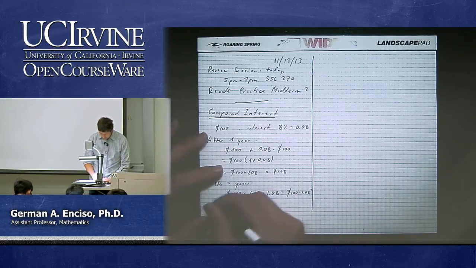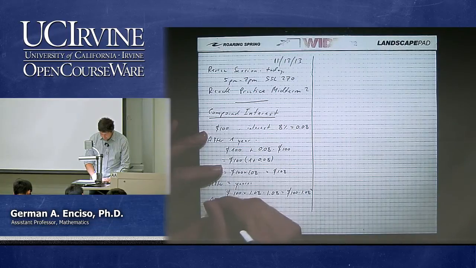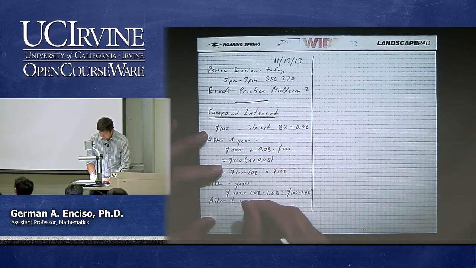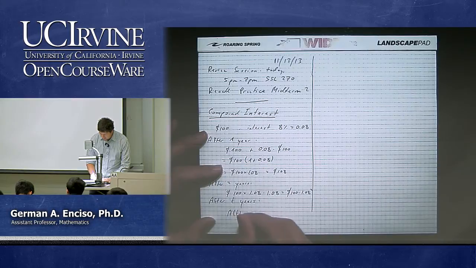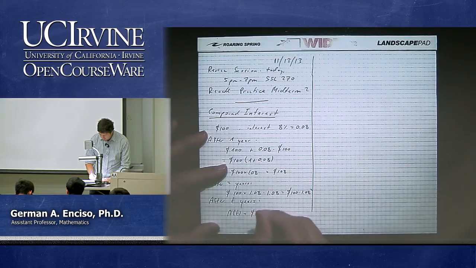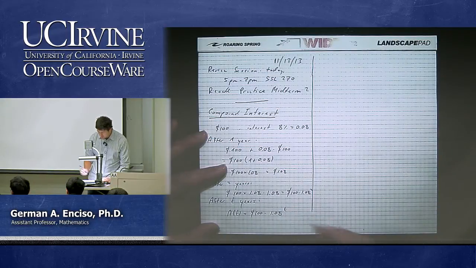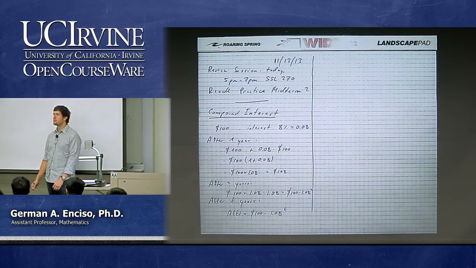Okay, so after, let's say we wait for t years, the amount of money you have, A of t, is equal to the original amount multiplied by 1.08 to the t. Make sense?